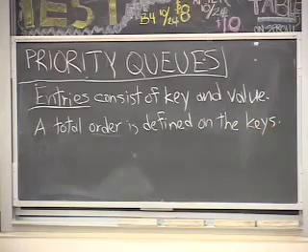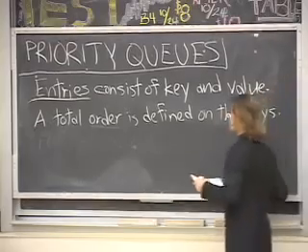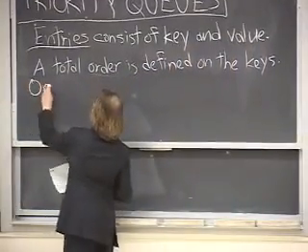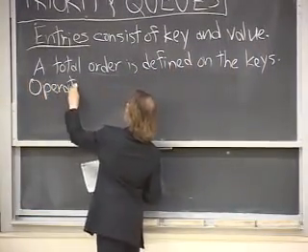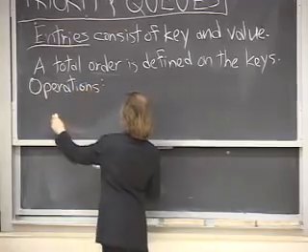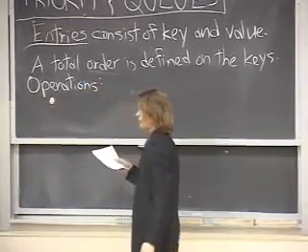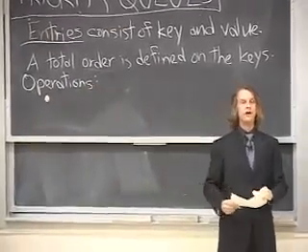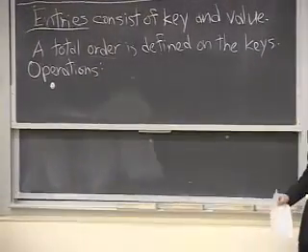And the operations that a priority queue allows you to do, there's three main ones. And here's two of them. You can identify or remove the entry that has the smallest key.